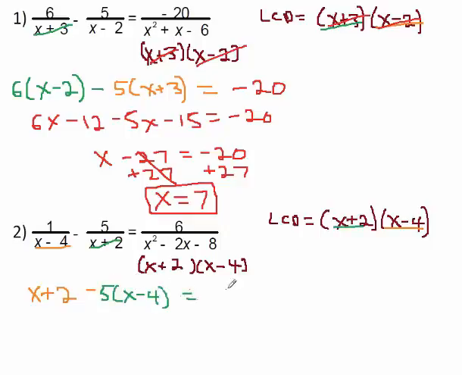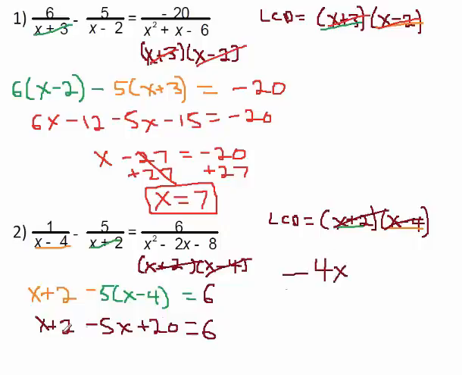On the other side, the whole thing cancels, so you've got just plain 6, because this cancels with this, and this cancels with this. Now let's distribute the parentheses. So you've got x plus 2, negative 5x, minus 5 times 4 is positive 20, equals 6. Let's combine. x minus 5x is negative 4x.